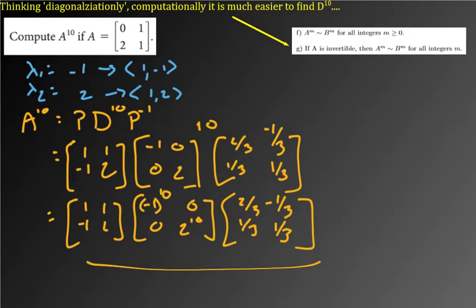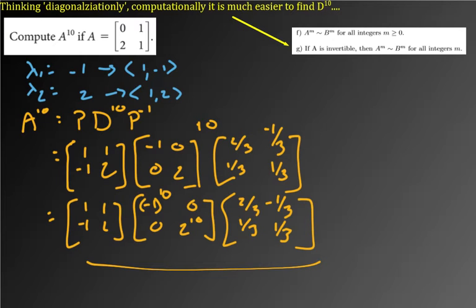And I would argue that for the 10th power, I bet your calculators could easily do this, though I honestly haven't tested it. But the problem is going to become really tough when this gets to be like 1,000 or something like that. And this to the 1,000 is really easy. You can absolutely do negative 1 to the 1,000, 2 to the 1,000, and then just do 2 multiplications of matrices.